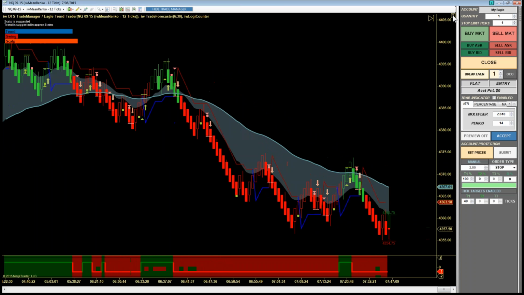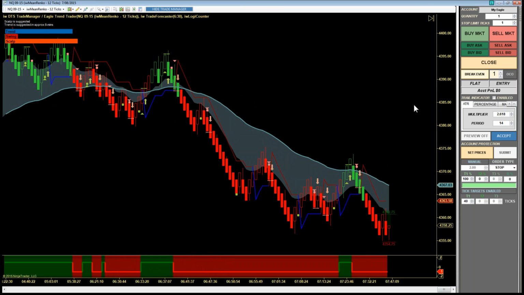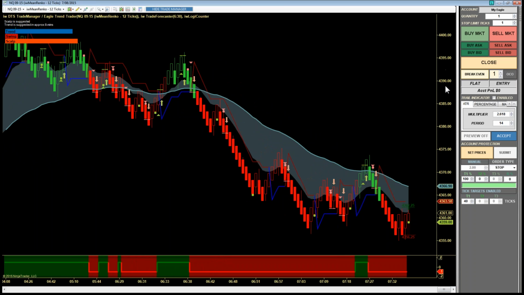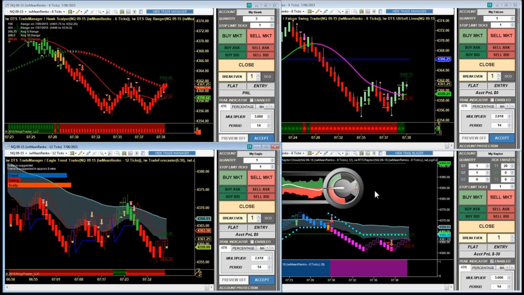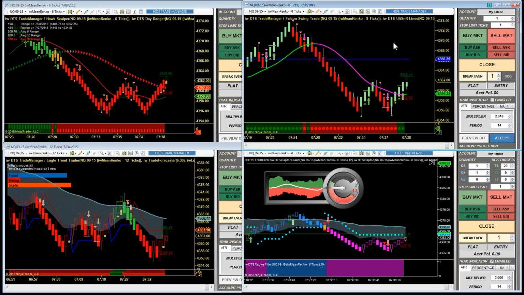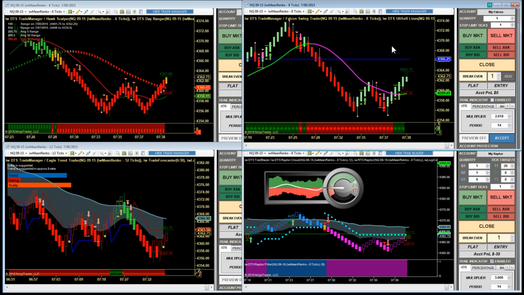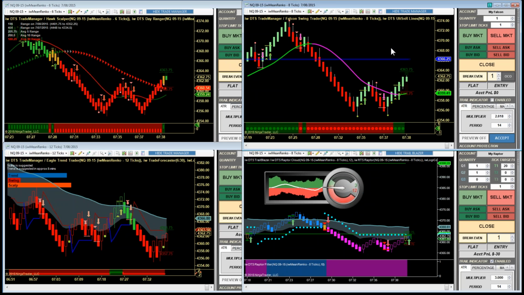So try to think in terms of probabilities, not in terms of risk-reward ratios. Probabilities will do much more for you. Find that high-quality signal and then go in with a position size that you can afford.